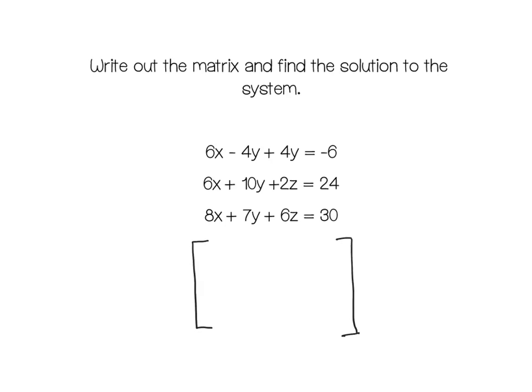If I start with this first equation, I have 6, -4, +4, -6. You just write that out. For my second equation, I have 6, 10, 2, 24.